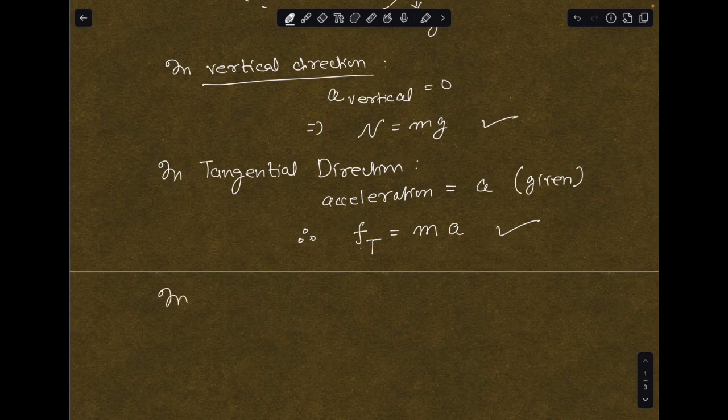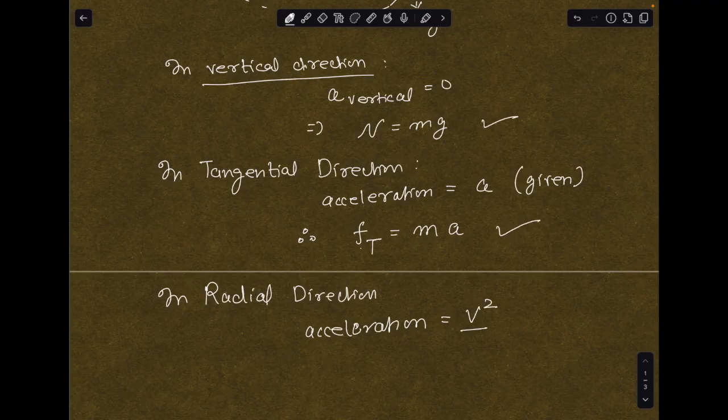In the radial direction, acceleration equals instantaneous speed of the car squared upon r.